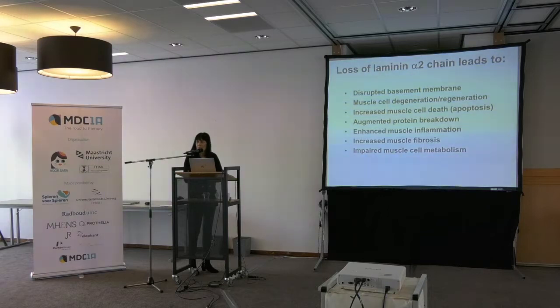We see massive inflammation at certain stages, and also increased muscle fibrosis, which is to some extent a repair system as well. So this disease is characterized by massive inflammation and massive fibrosis. And we have also shown that muscle cell metabolism is impaired.